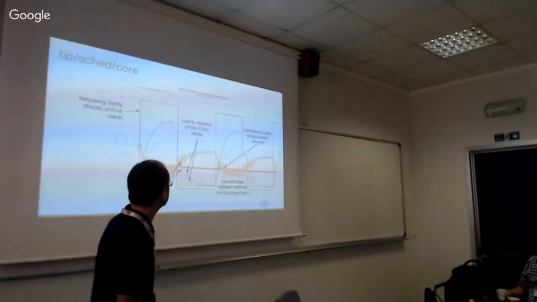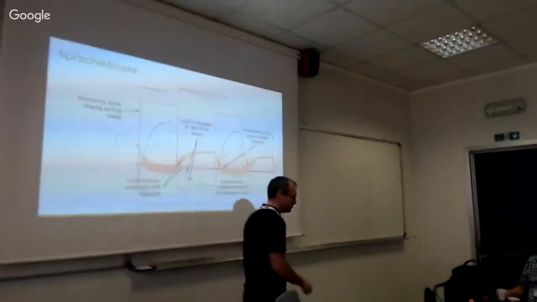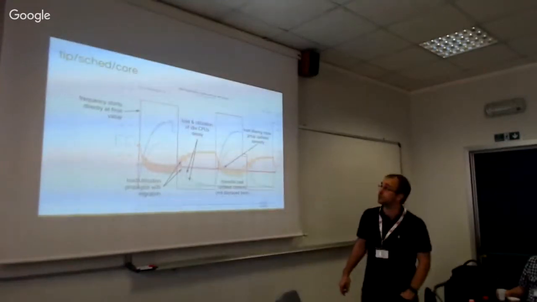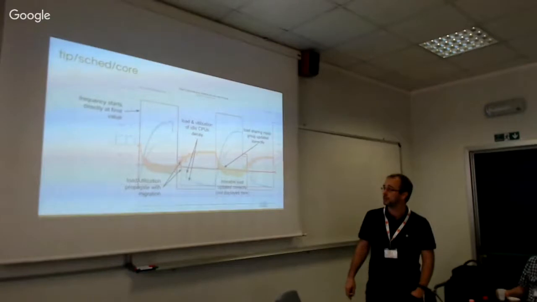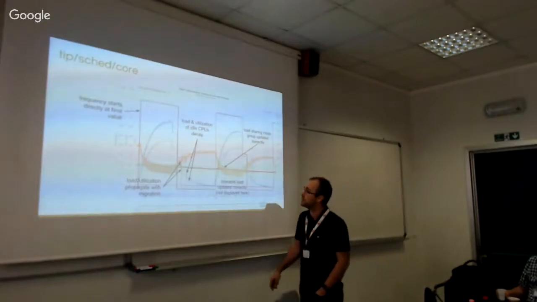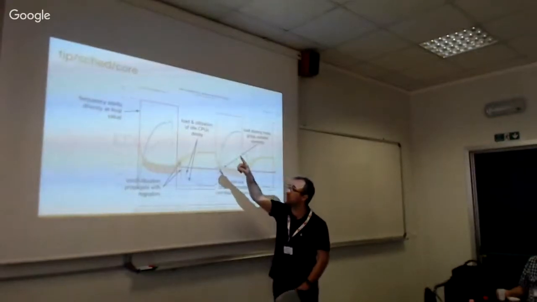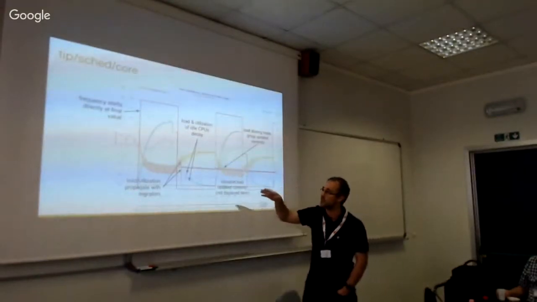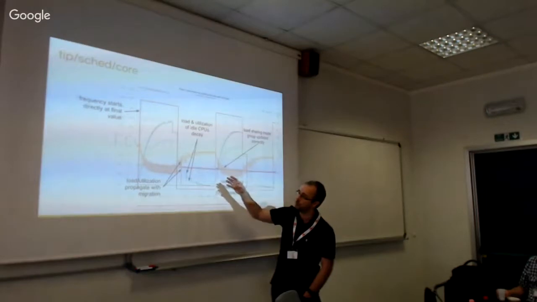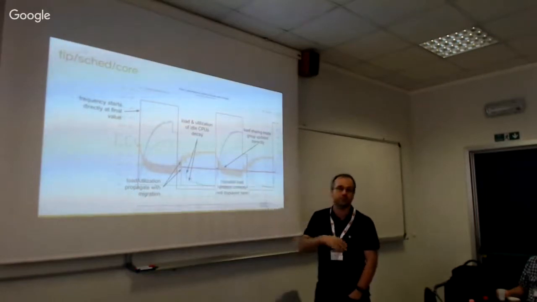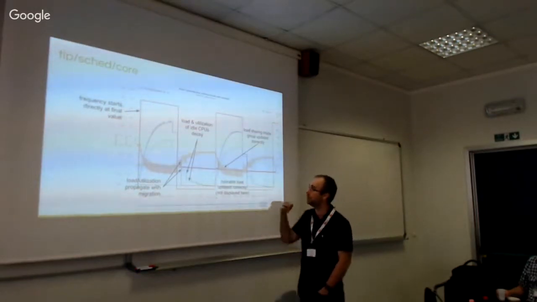This is now the status of the load tracking in tip. The first thing you can see is that we now reach the final frequency right at the beginning, when the task wakes up. When the CPU goes out of idle, we can directly predict what the final frequency will be.